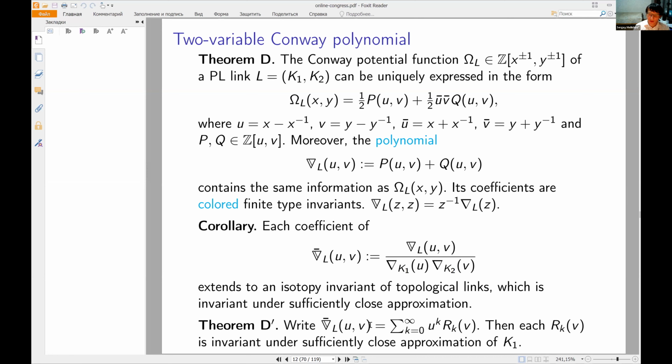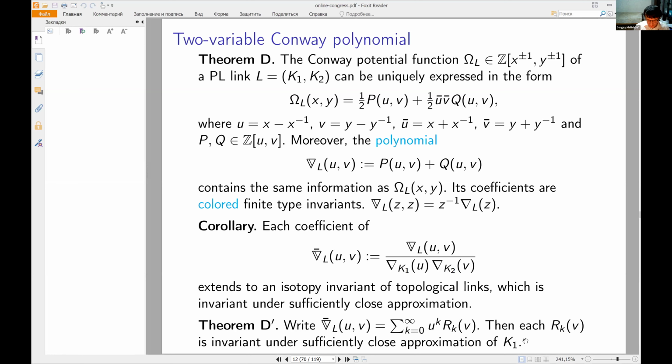You can decompose this two-variable Conway polynomial. If you write it as a power series in U, whose coefficients are power series in V, then each of these coefficients, which is a whole power series in V, is going to be invariant under sufficiently close approximation of the first component.